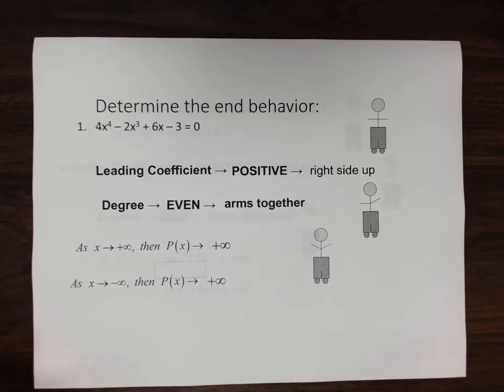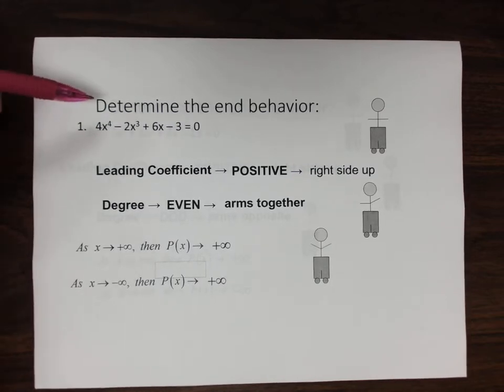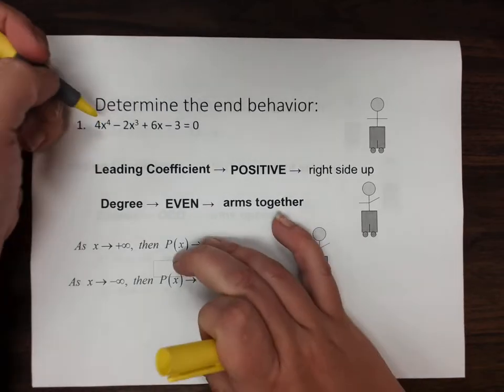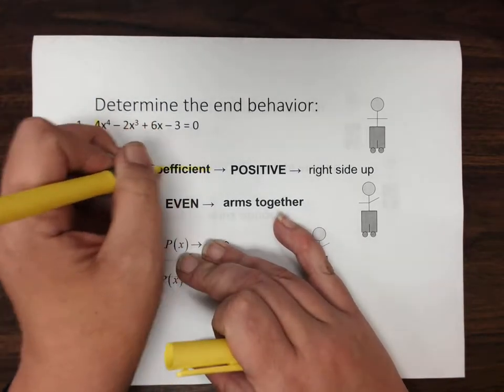Okay, so let's see if we can think about end behavior. Here we've got this first polynomial, 4x to the fourth minus 2x cubed plus 3x minus 3 equals 0. And we want to determine its end behavior. Well, our leading coefficient is positive, right? Here's my leading coefficient, 4.